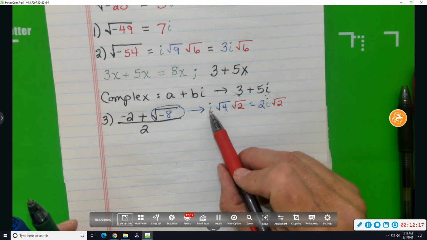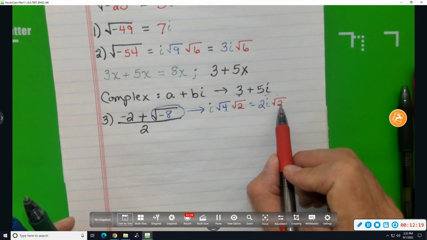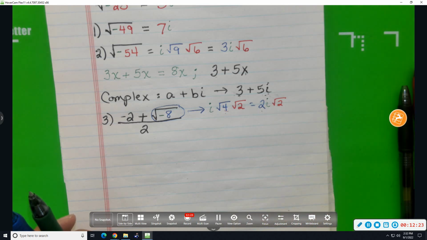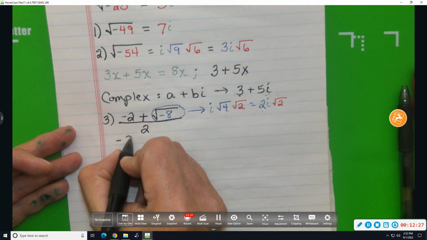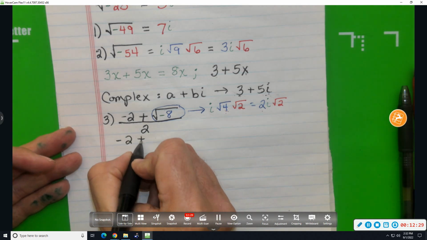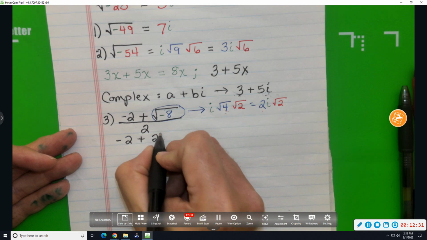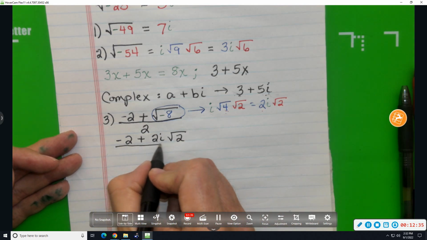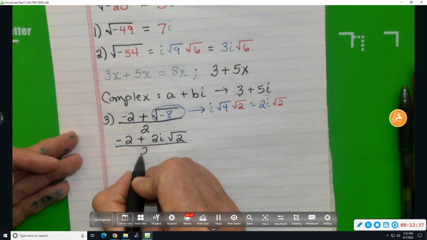We put the I in front of the square root symbol, okay? And then the red square root of 2. So let me rewrite all of this. Negative 2 plus 2I square root of 2 all over 2.